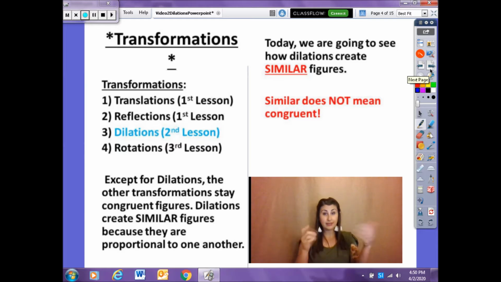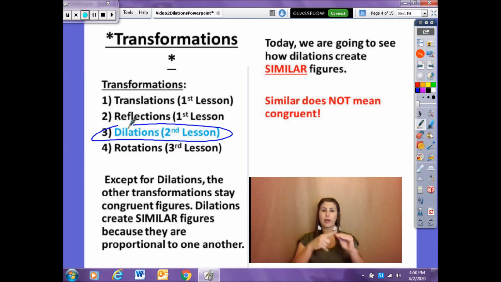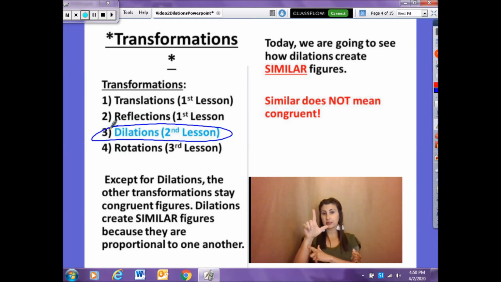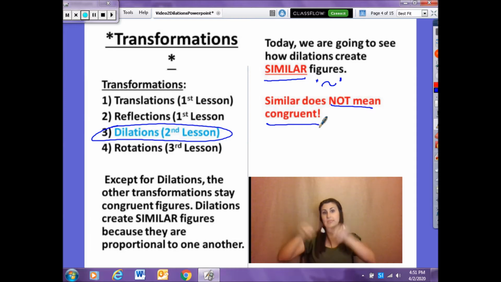Alright, so this is where we are today, the second lesson, dilations. Today we're going to see how dilations create similar figures. Remember, that's the symbol right here. Similar does not mean congruent.